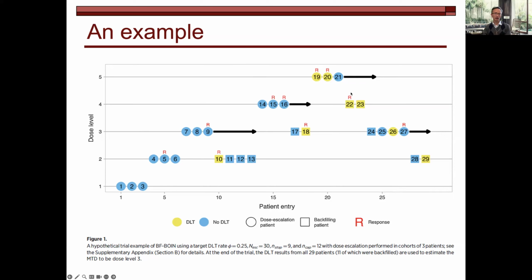But now, because you have additional data from patients 20 to 23, you need to reassess if this dose is safe enough. Obviously not. It's 5 patients with 2 DLT, which still exceeds the Bayesian de-escalation boundary. That's why you continue to de-escalate to dose level 3. And at dose level 3, based on the data, including backfill and previous dose escalation data, it's pretty safe. So you put the next cohort at dose level 3, which means you de-escalate twice, from dose level 5 directly to dose level 3.